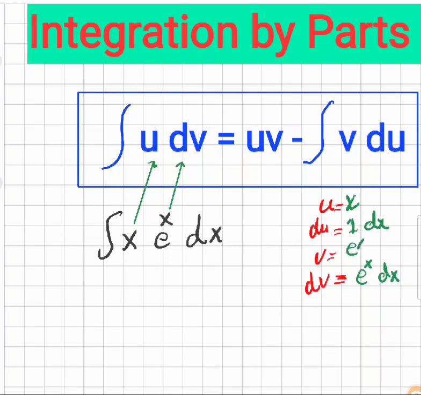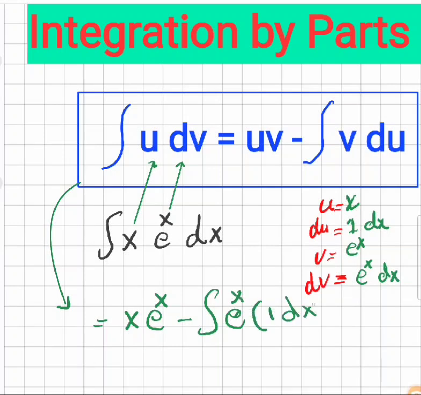So now using the formula, u times v, that's going to be x times e raised to the x minus the integral of v du. v is e to the x, du is 1 dx. And the integral of e to the x is e to the x plus some constant c.